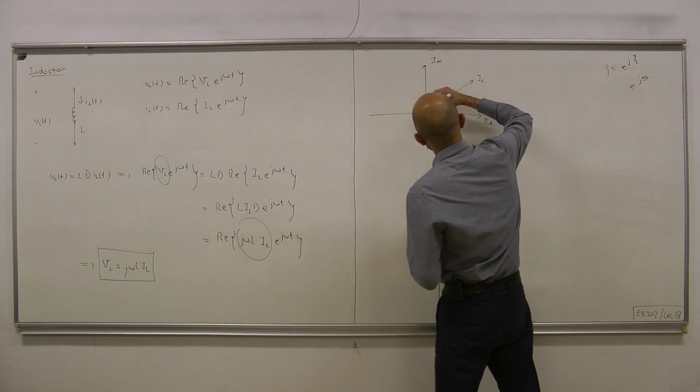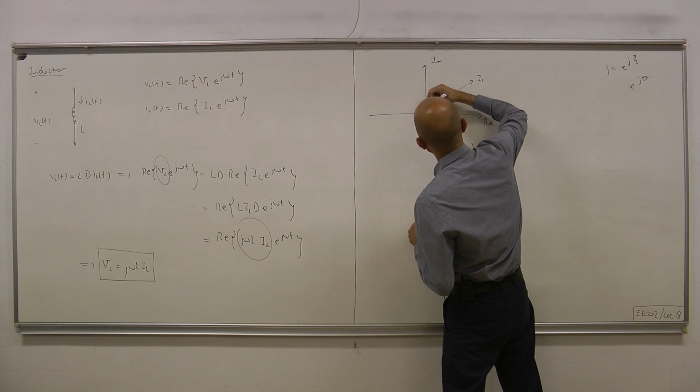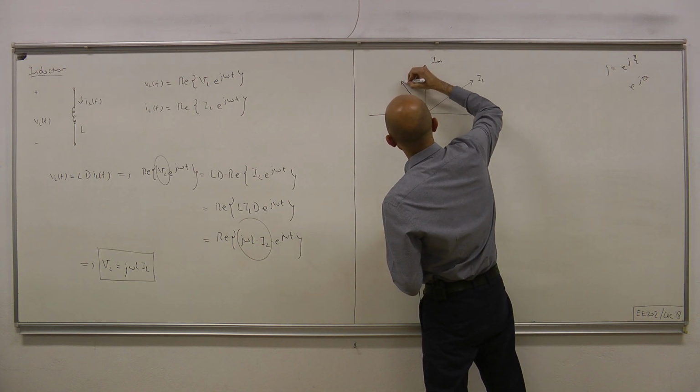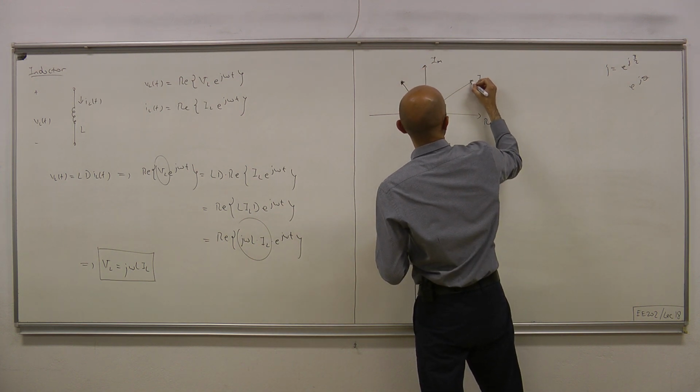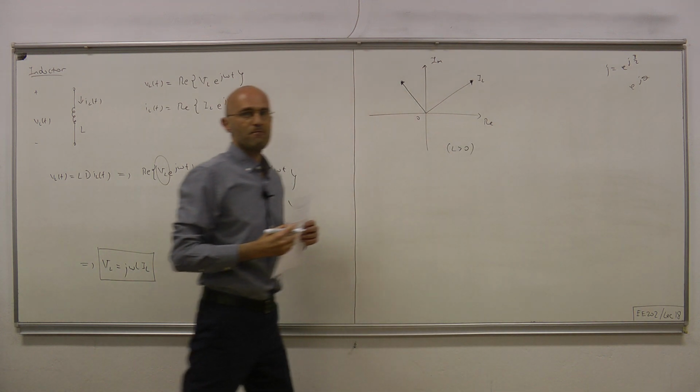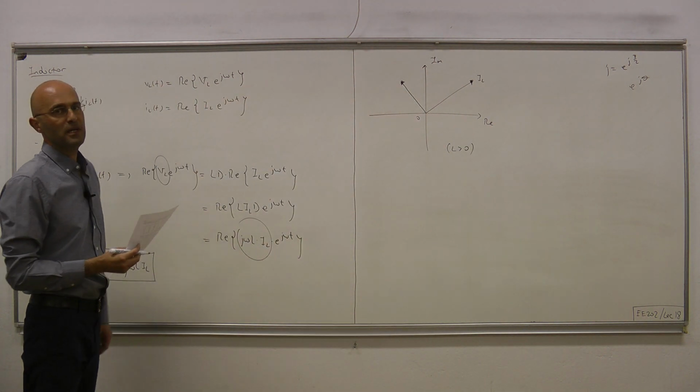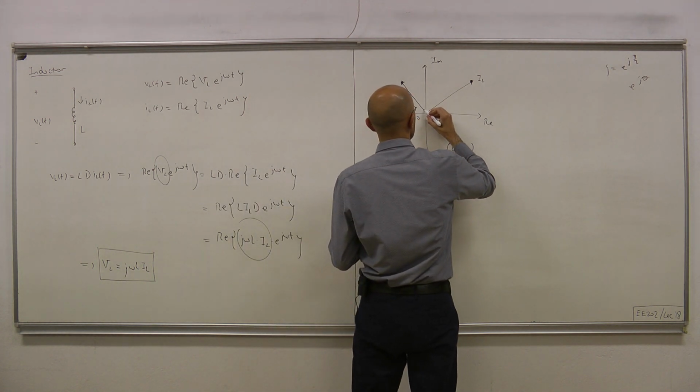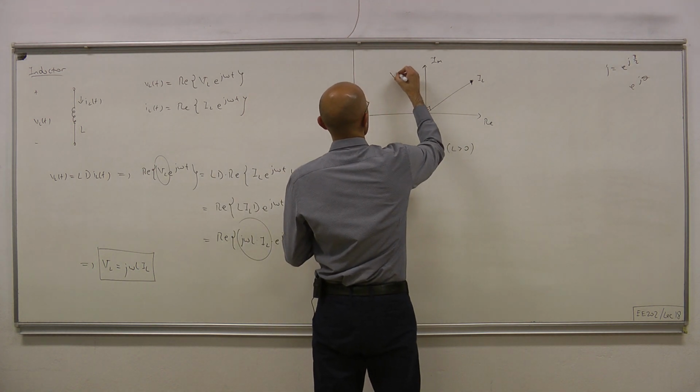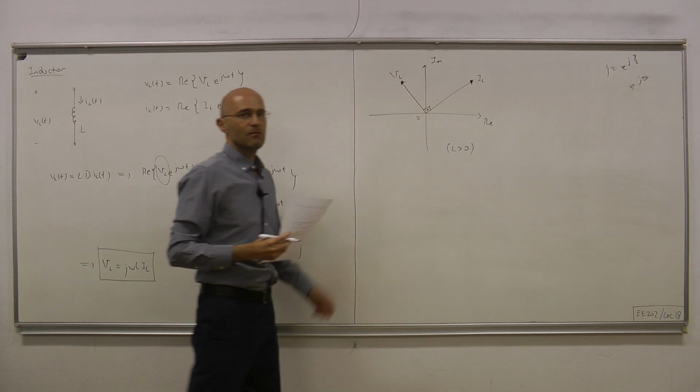Therefore, the phase difference between voltage and current phasors of an inductor will be 90 degrees. Okay, so this is our VL.